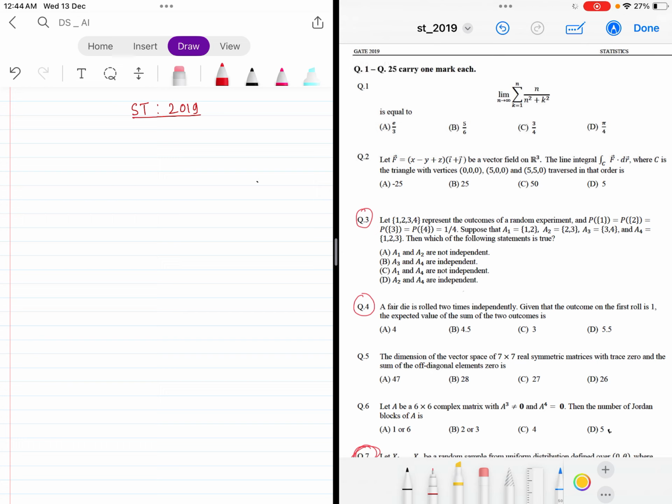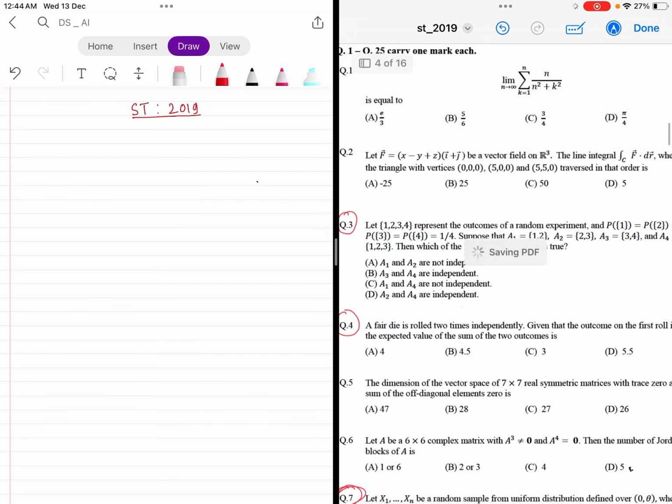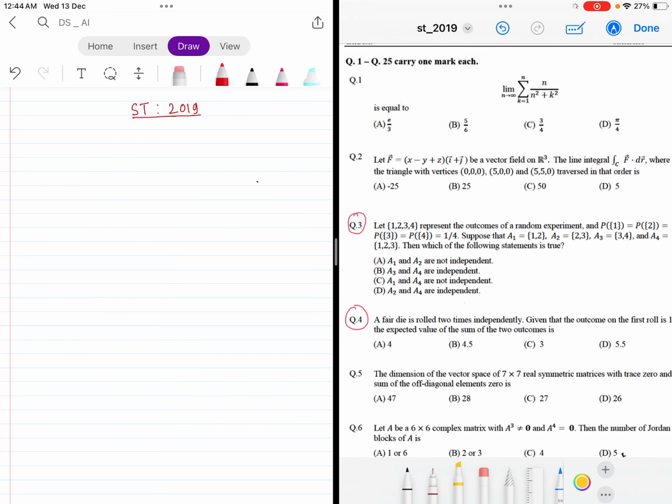In question number 3, we have 1, 2, 3, 4 representing the outcomes of a random experiment. Let me zoom out a little bit because it is too small. We are given that all outcomes are equally probable, so the probability of each is 1 by 4, right?